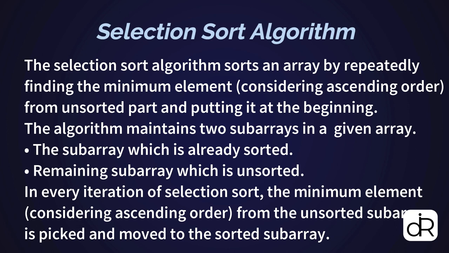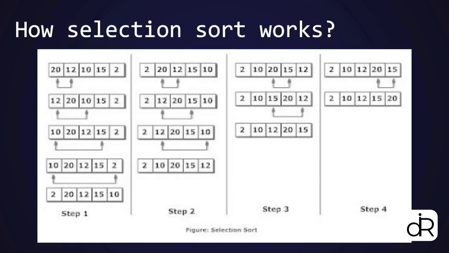In every iteration of selection sort, the minimum element, considering ascending order, from the unsorted subarray is picked and moved to the sorted subarray. So how does it work?